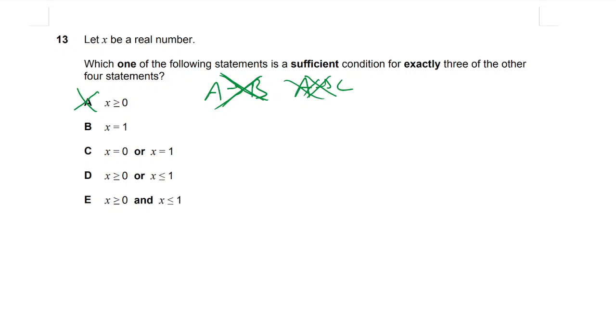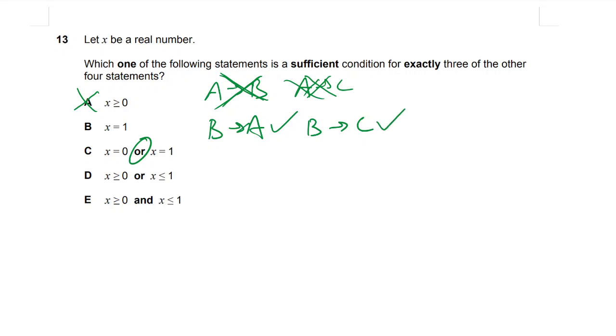Okay, now, how about B? Does B imply A? It does, right? Because if x is 1, then it's guaranteed that x is greater or equal to 0. Does B guarantee C? It does, because x is 1, and this is an OR situation, so x is 1 satisfies C as well.